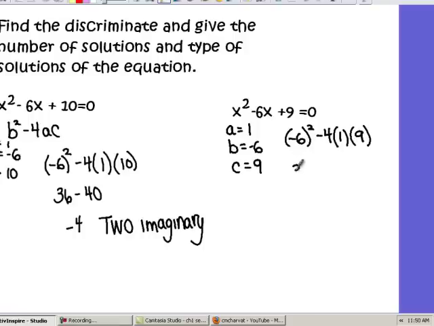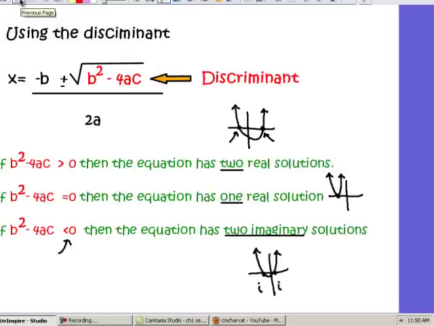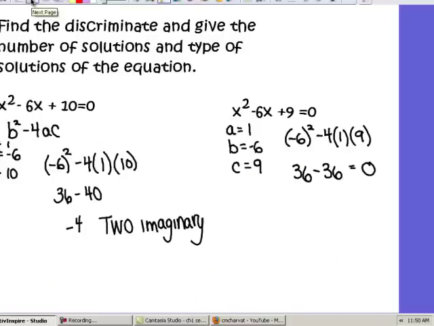Simplify this, and it equals 0. So what happens when you have an answer that equals 0? Well, go back to your notes. When all of this equals 0, then we have one real solution. So the number of solutions we have is 1, and the type would be real.